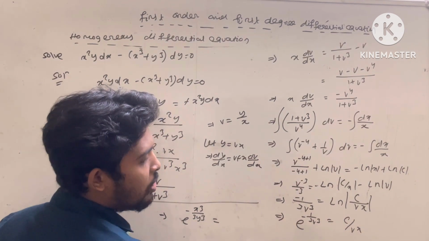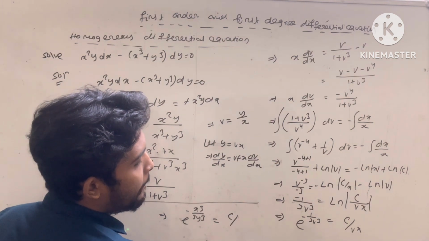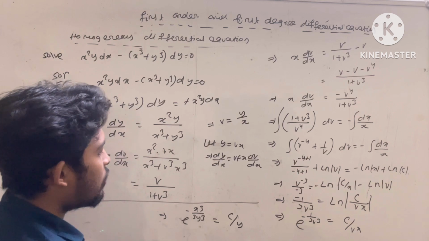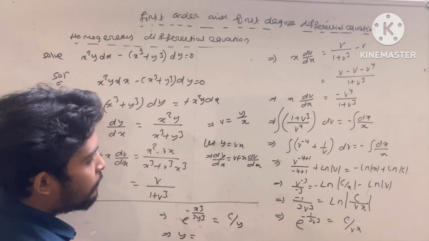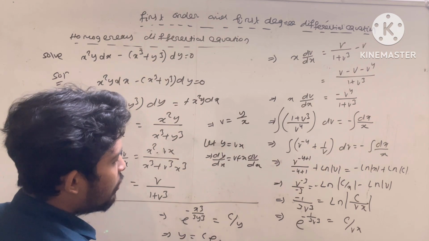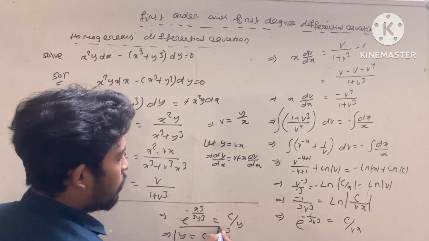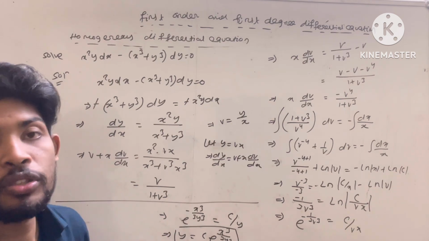So x is cancelled out. This is c by y. So simply y is, take this side and this side, c e to the power x cube by 3 y cube. So this is the solution.